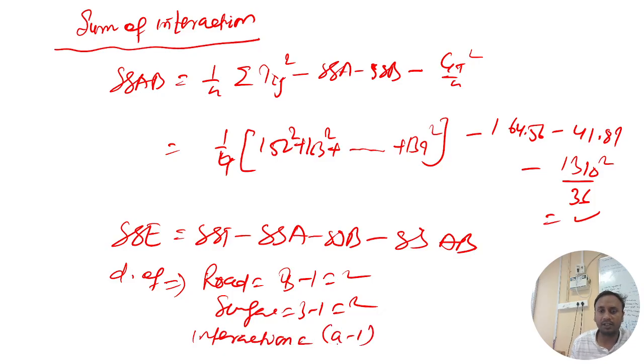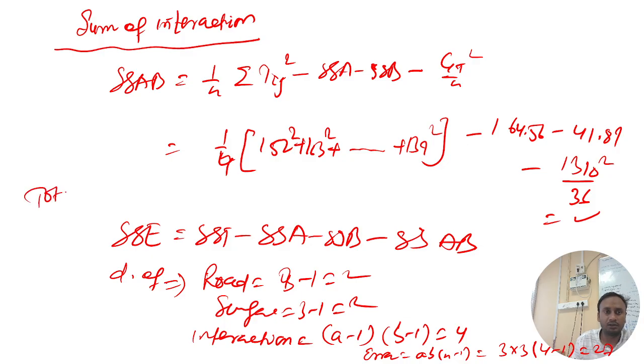It will be A minus 1 times B minus 1, which becomes 4. And error: AB into n minus 1, 3 into 3 into 4 minus 1, which becomes 27. What about total? ABn minus 1, 3 into 3 into 4 minus 1, 35.